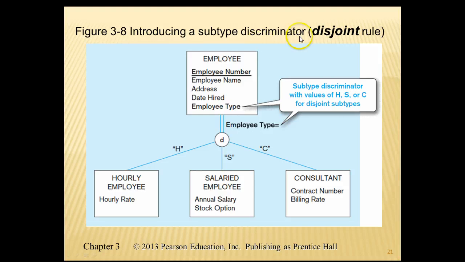So this talks about the disjoint rule, and again, as I mentioned, there's an attribute within the supertype called employee type that will contain an H, an S, or a C, and that will determine the type of employee within the subtype below the supertype.